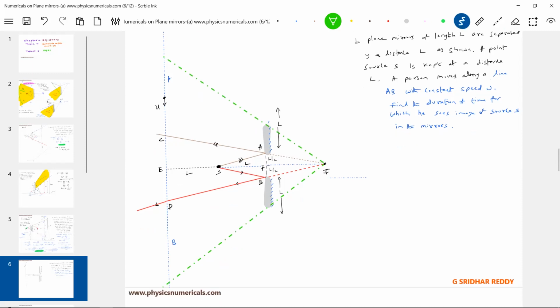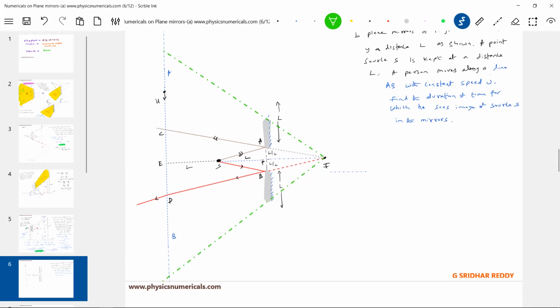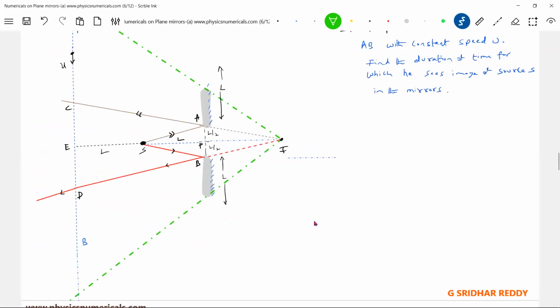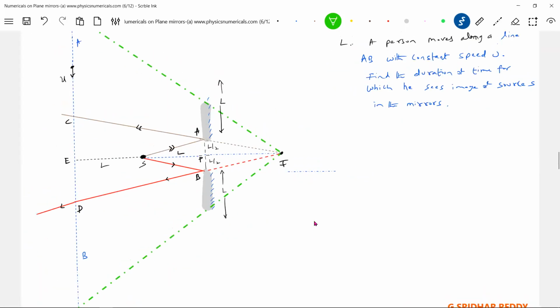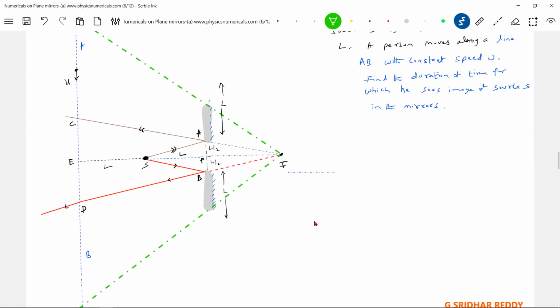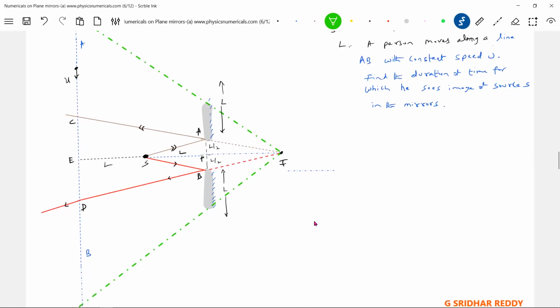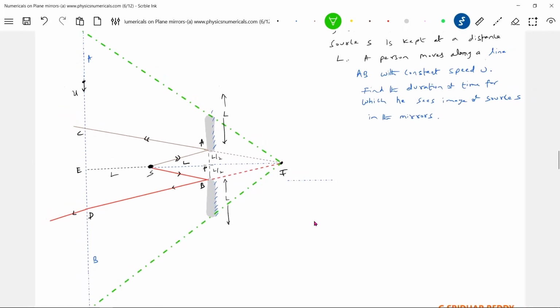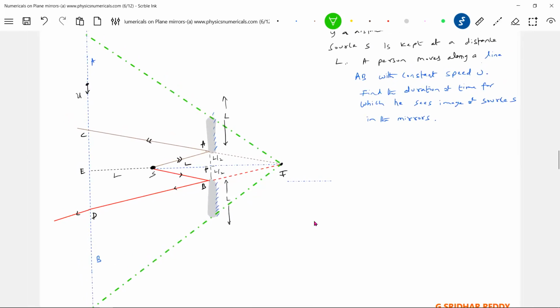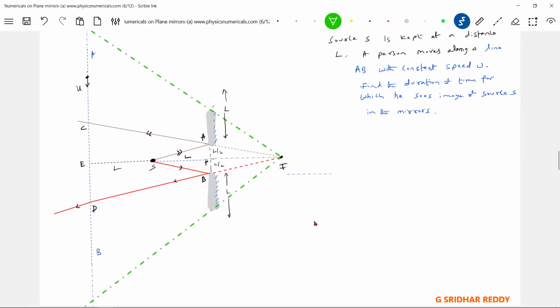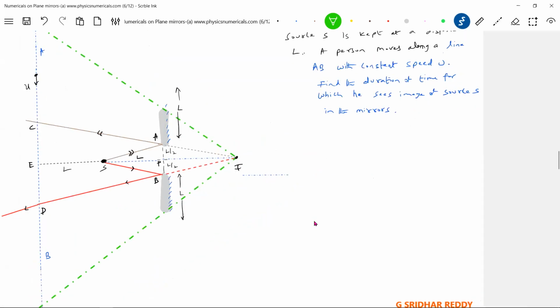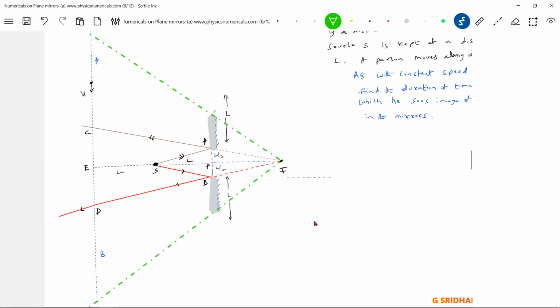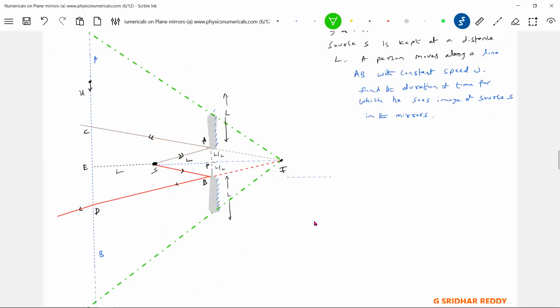I think I'm successful. Able to see the complete diagram description. Now we'll get into the discussion.